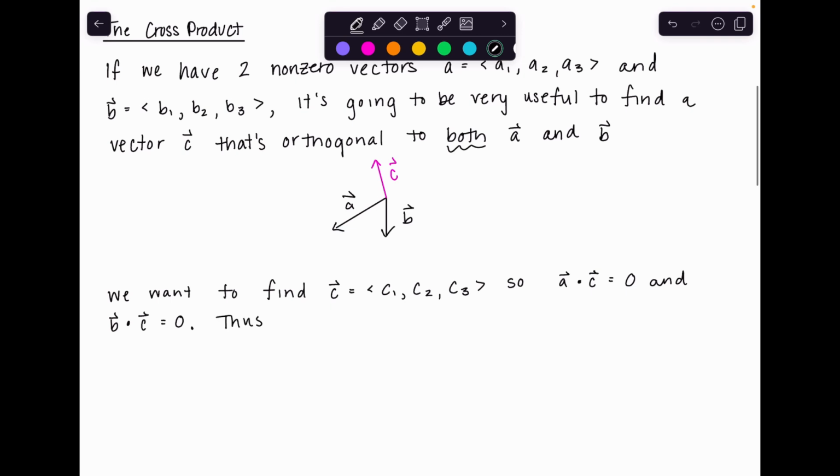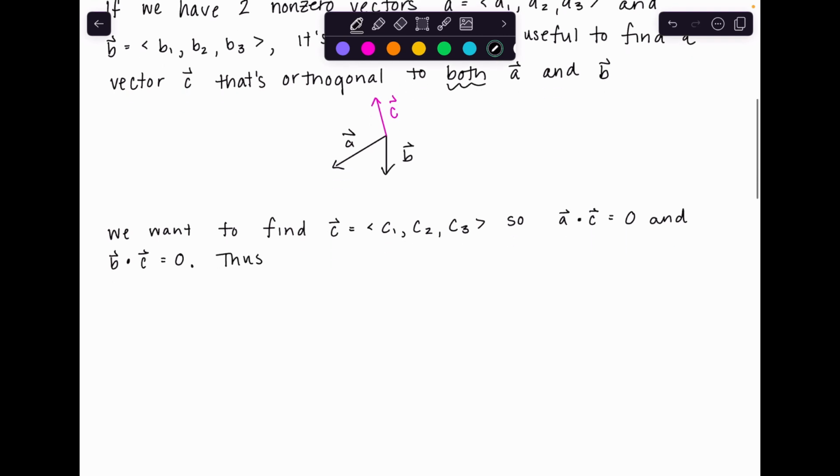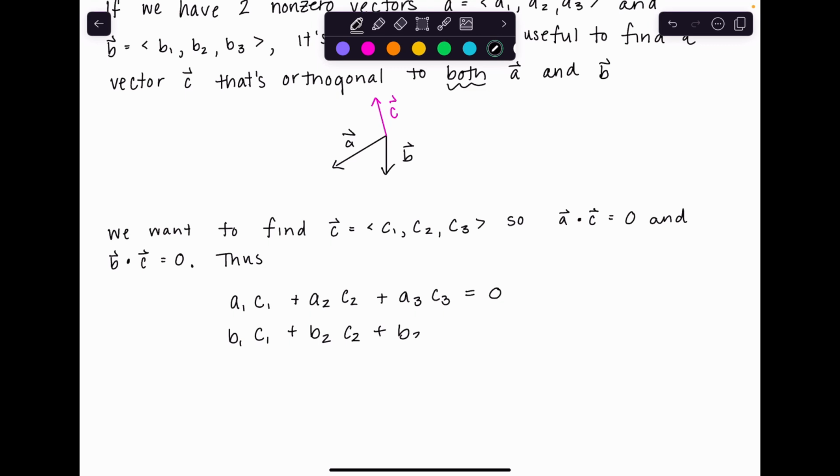So what we want is really the following. If I do A dot C, that's A1 C1 plus A2 C2 plus A3 C3, which has to equal 0. And then also B1 C1 plus B2 C2 plus B3 C3 also needs to equal 0.